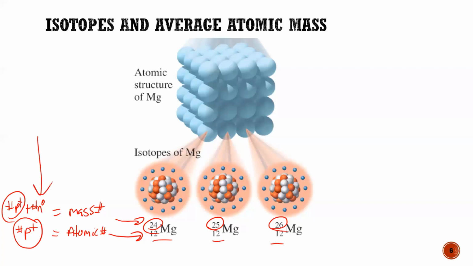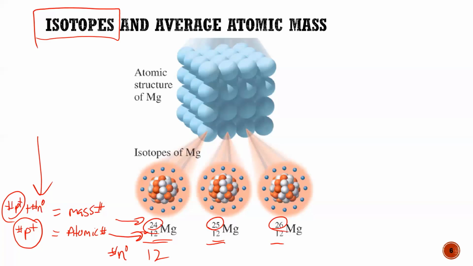And that, my friends, is what an isotope is. An isotope is an atom of the same element with a different mass. So why do they have different masses? Oh, that's easy. If we're going to talk about the number of neutrons, what's 24 minus 12? 12 neutrons.